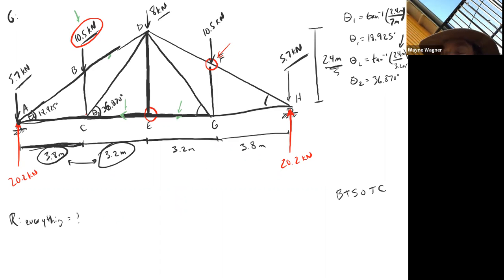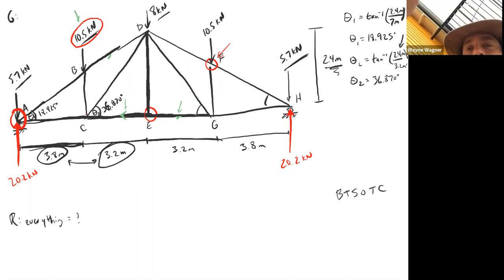All right, so let's go ahead and start solving this, and we're going to look for the weak links here. So this one, I've got 20.2 up. I've got 5.7. So we're going to look at joint A. We've got 20.2 up and 5.7 down, which means at 15.5, right?